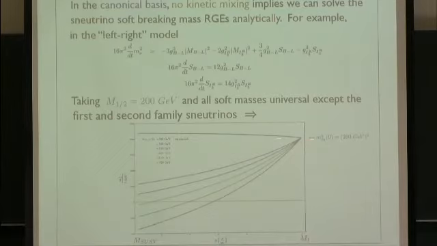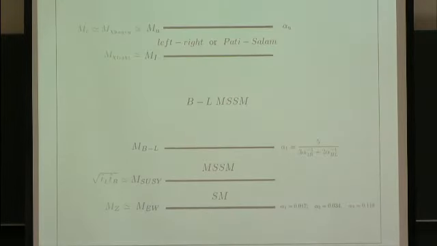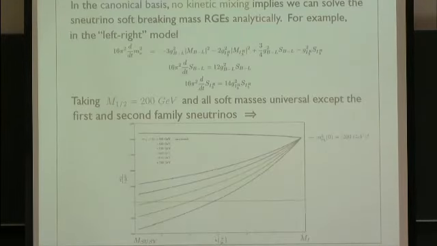When they're all universal, then in fact the third family neutrino squared does not turn over. But as I begin to vary them, and not terribly much, by a factor of 3 say, then when you follow this down, you see that it does turn over. This is the mass squared of this neutrino, goes negative, and you spontaneously break these symmetries.